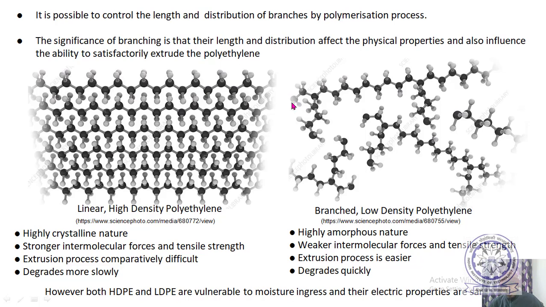Polyethylene insulation material is laid on the metal conductor, and this manufacturing procedure is called extrusion.